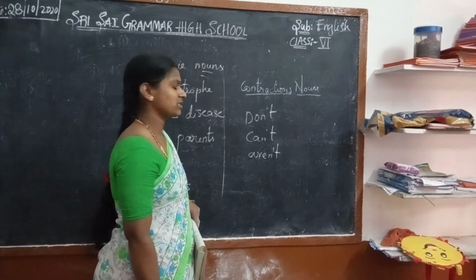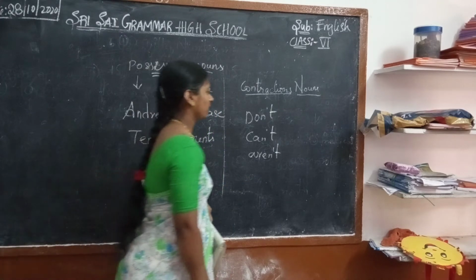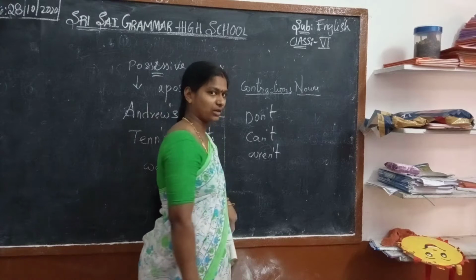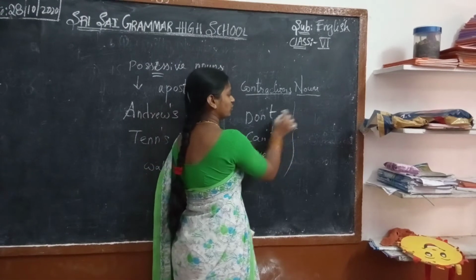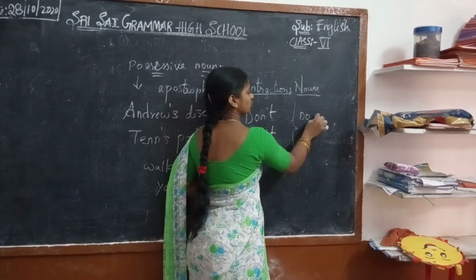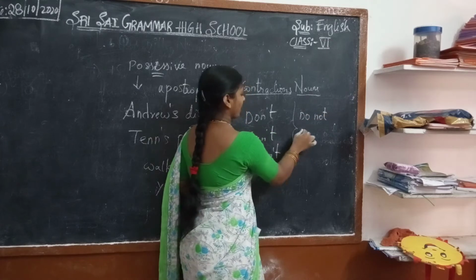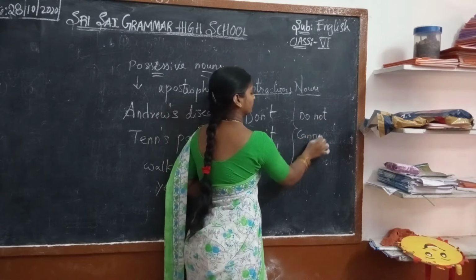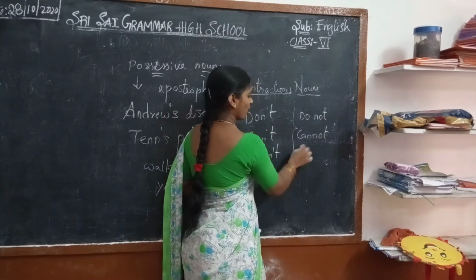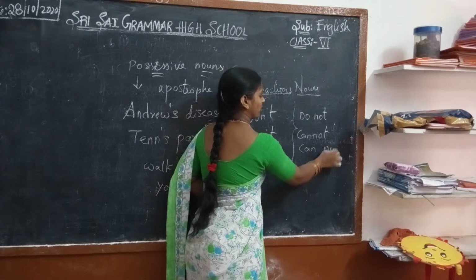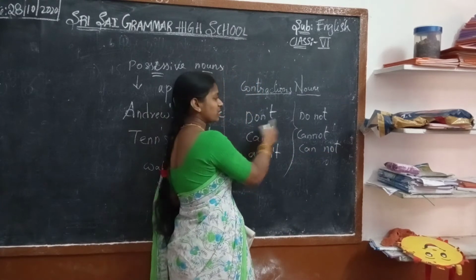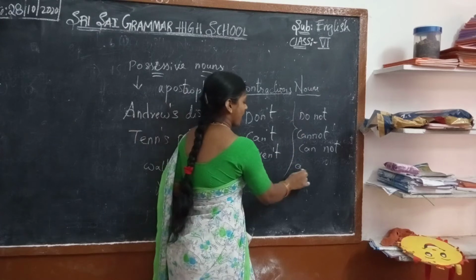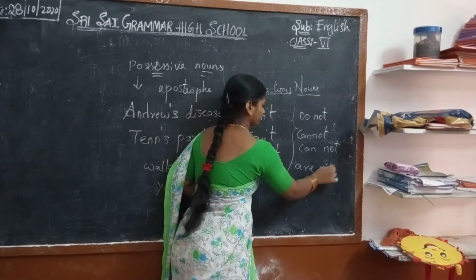And for these we are going to learn the long form and the short form. Don't can be written as do not. Can't can be written as cannot, or can and not. These are the short forms, these are the long forms. Aren't, are not.